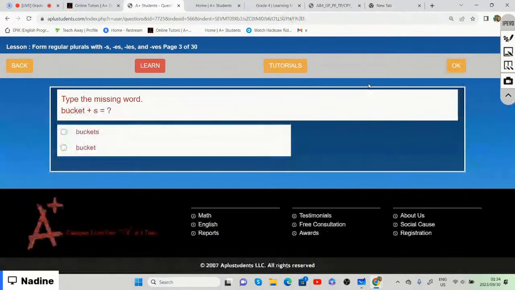Bucket plus s. Is it buckets or bucket? And we can then say it is buckets because the s was added.